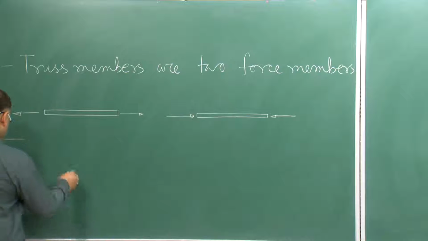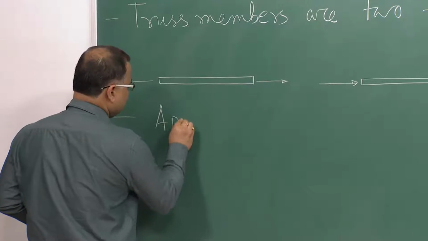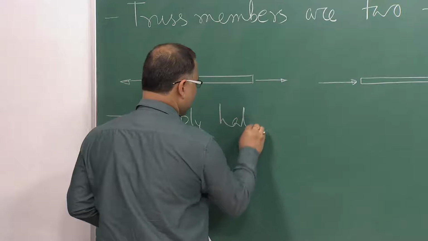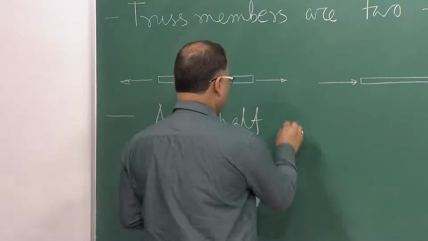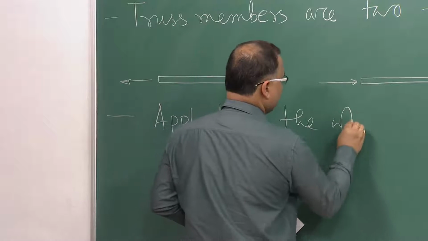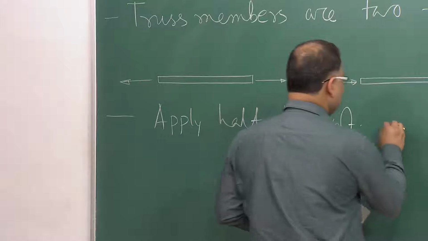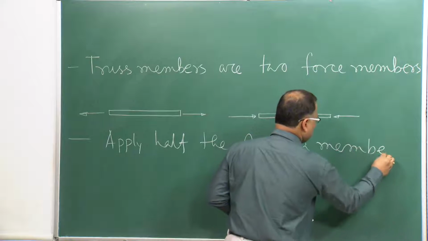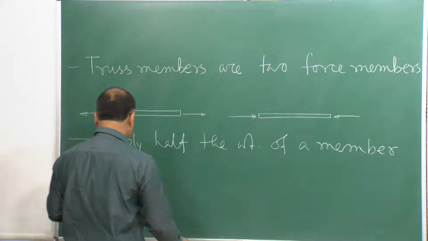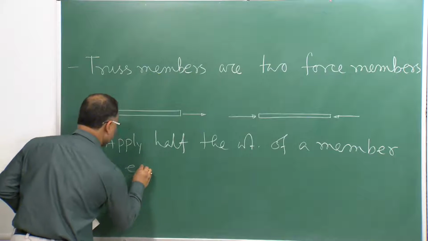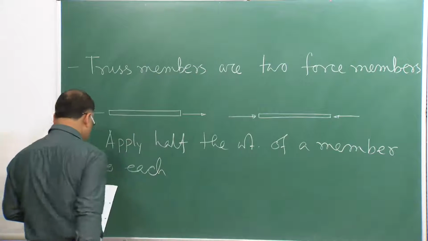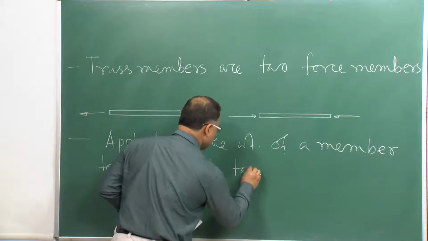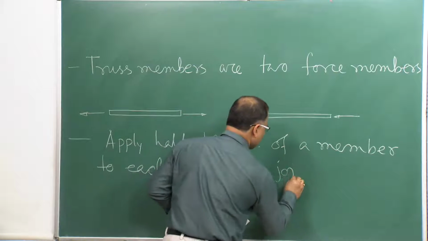Then the next point: apply half the self weight of a member to each of its two joints.